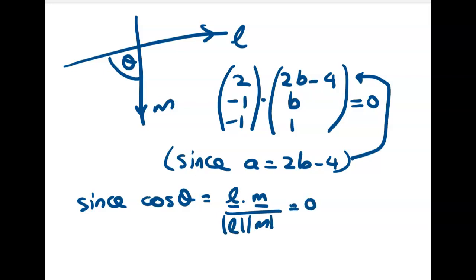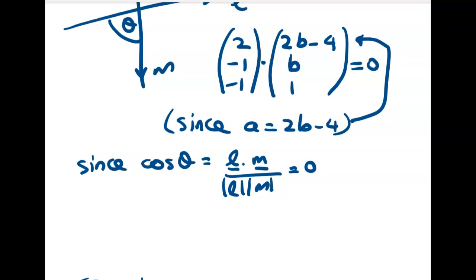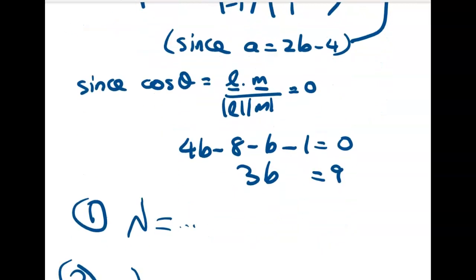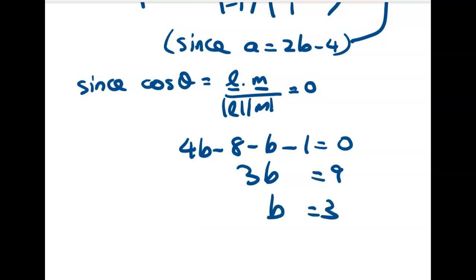And that has to equal 0. So we get a very simple linear equation here. Right, for this one here, we get 4b minus 8 minus b minus 1 equals 0, giving me 3b equals 9. Oh, we're running into that earlier question. 3b equals 9, so b is equal to 3.